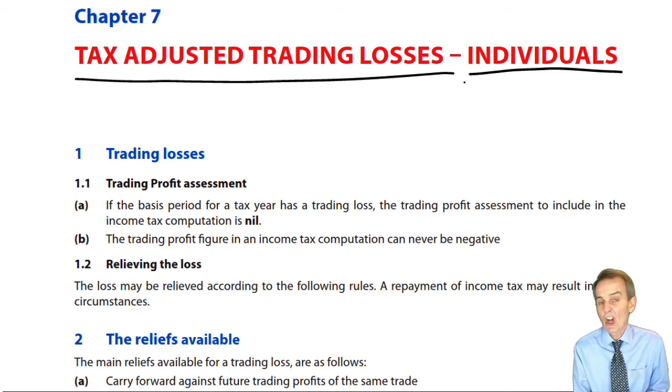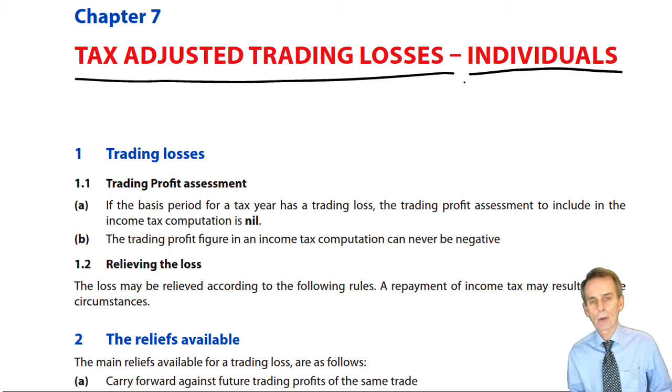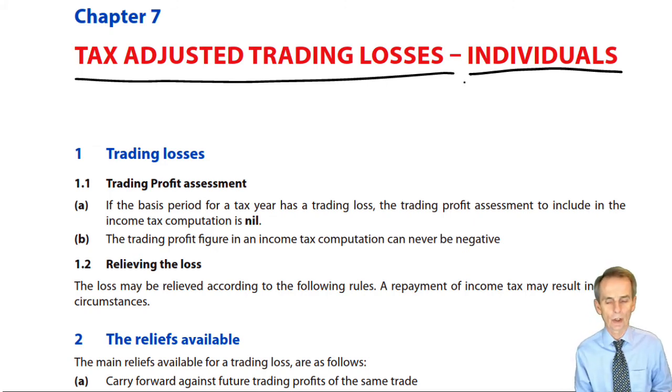You might even be starting with a profit. It doesn't have to be starting with a loss. The adjustment process and the computation and deduction of capital allowances may lead you to a tax-adjusted trading loss figure. But you do your adjustment of profit or loss based on the statement of profit or loss, compute and deduct capital allowances, and you get a figure of loss.